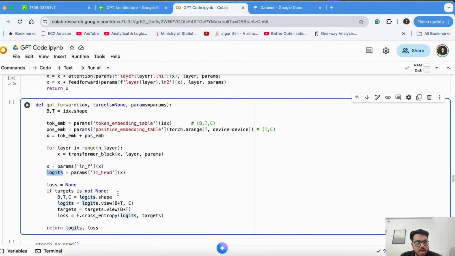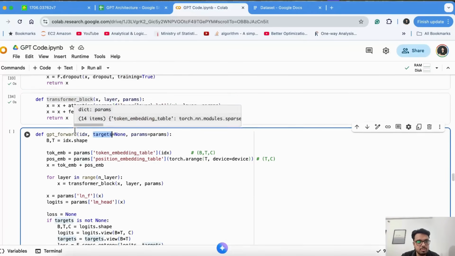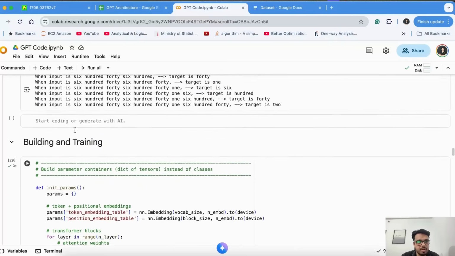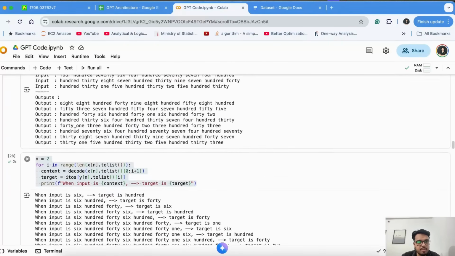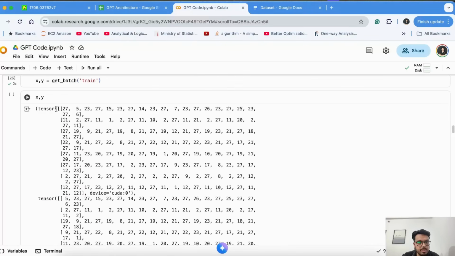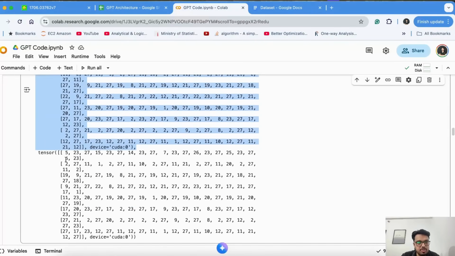And how does the training happen? Initially I define the loss to be none, and then I define my logits to be the inputs coming into this particular function, and targets, which are effectively the target tokens. Just to make you understand, for GPT forward, let's say this will be the input, and this will be the target.